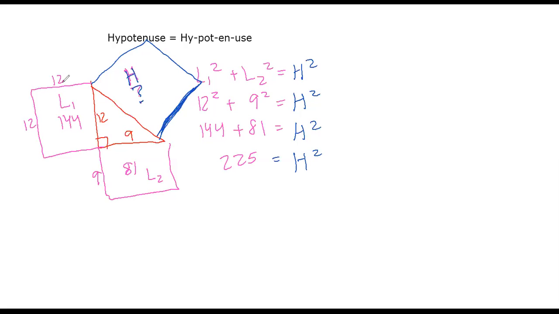So earlier you recognized that we have 12 times 12 is 144. And we want to go backwards. We have to take the square root. And to take the square root, the symbol looks like this.